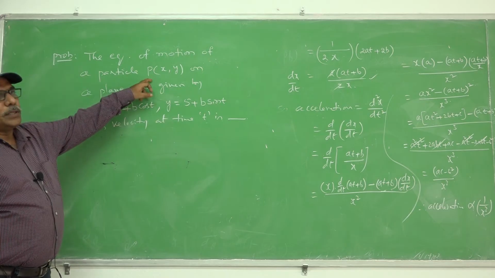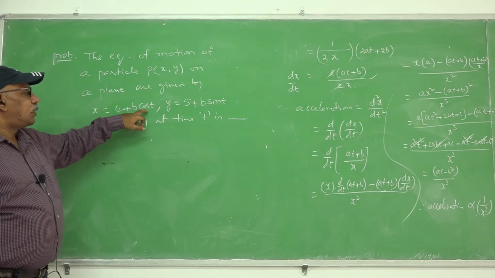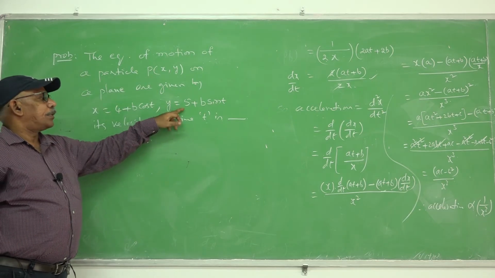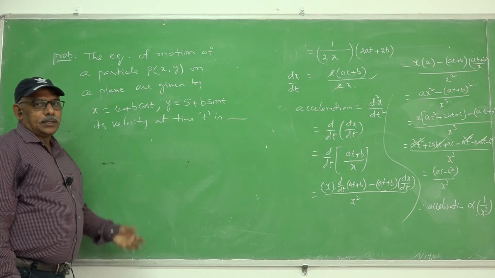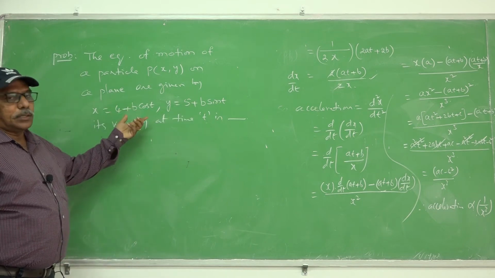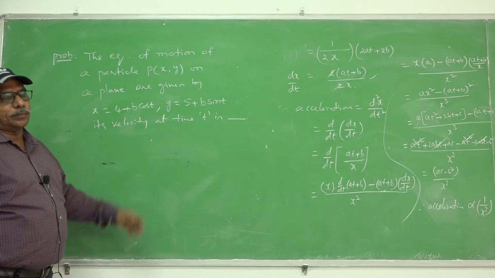The x coordinate of the point on the curve is 4 plus b cos t and the y coordinate of the point is 5 plus b sin t. That means this is the parametric form of the curve.